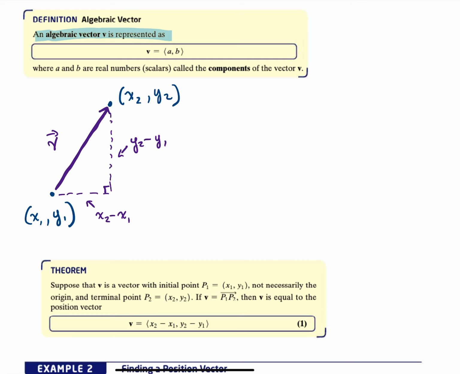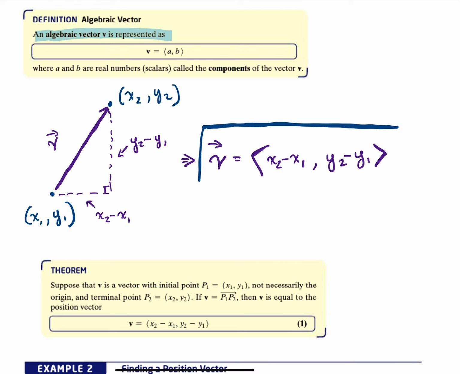So that means we can describe our vector as x2 minus x1, that's our horizontal component, that would be our a value, and then y2 minus y1, that will be our vertical component, or our b value. So that's another way to define a vector.